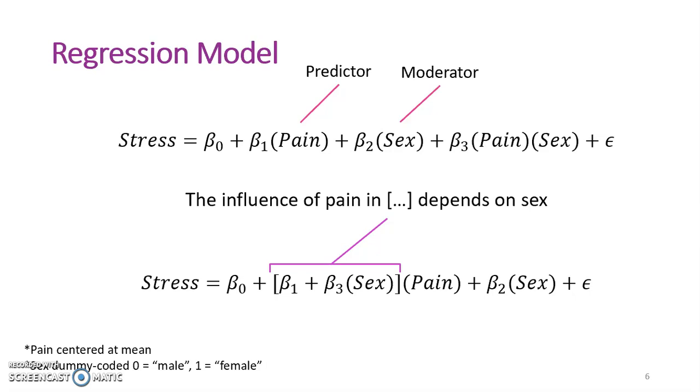So now on the bottom equation, I've now rearranged it again, like we did in the last lecture, so that we can look at this rearranged equation and see that the influence of pain onto stress does depend upon sex, because sex is included in the brackets, and that's everything relating pain to stress in this model. Pain is centered at the mean, again, and sex is dummy-coded.